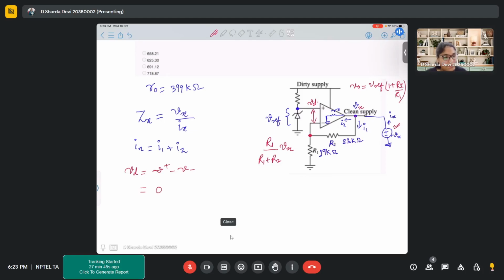So considering V plus has zero potential and V minus has a potential of Vx R1 upon R1 plus R2, that is Vd.